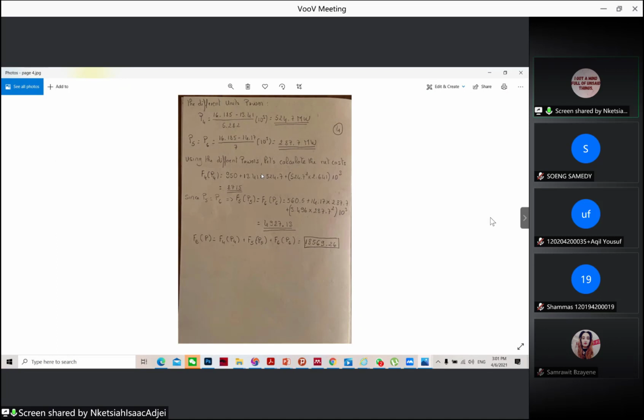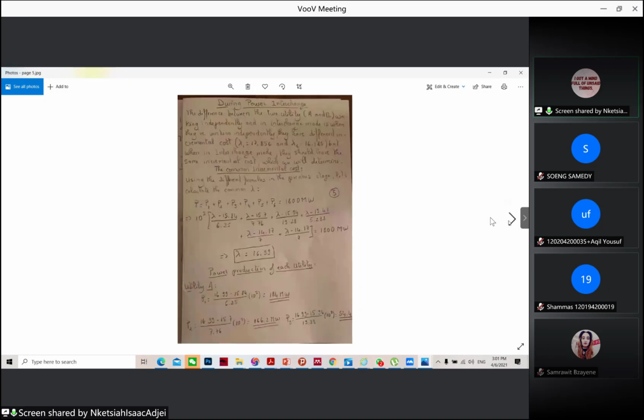So using the different powers, we calculate the net cost, and that gives us a total of 8,715 megawatts. Then summing everything together for utility B gives us 18,569.26 megawatts. Then we look at their power interchange.